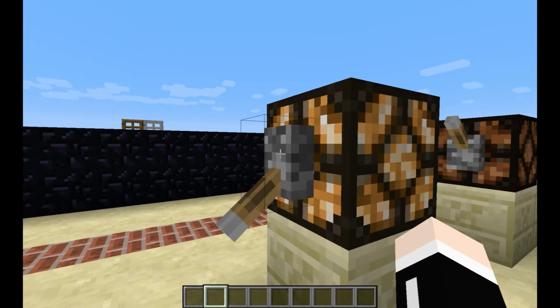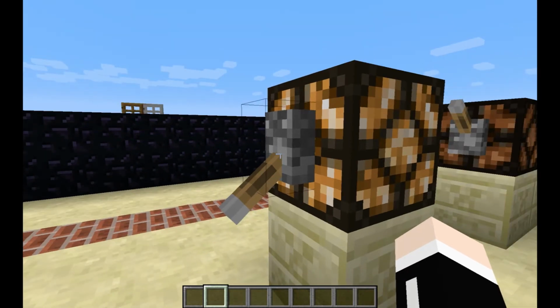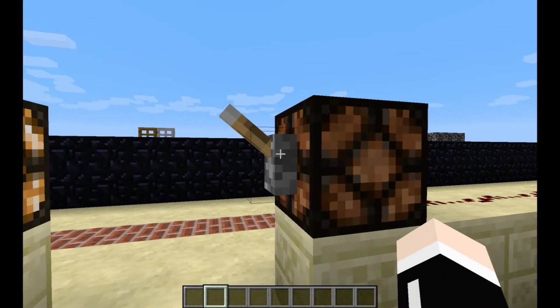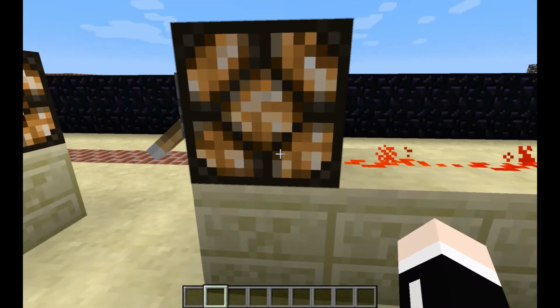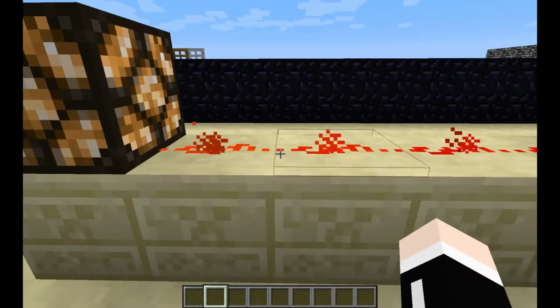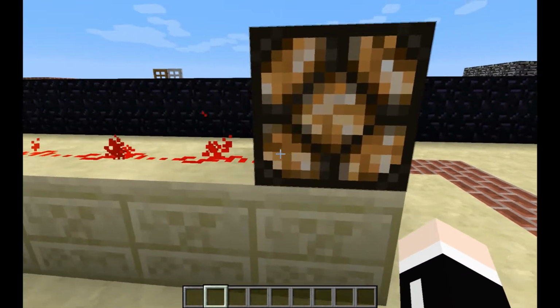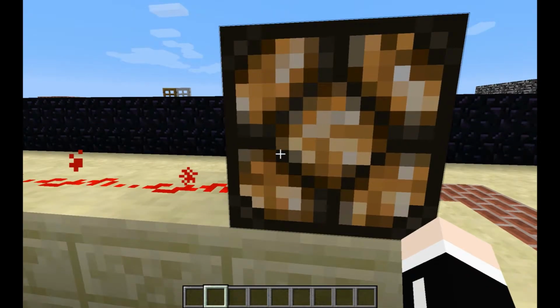When a switch is turned on, it receives primary power, strong power from the switch, and it turns on. This primary power, the strong power, is able to transmit along a line of redstone wire to another device, to another block, which will itself receive a weak power.